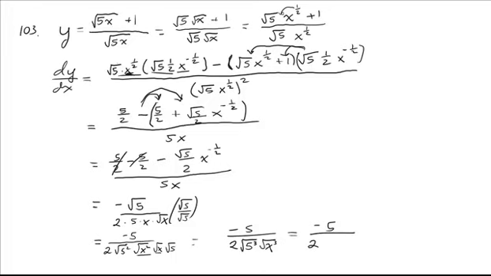So negative 5, 2 square root of 5x, that quantity cubed. So the reason our answer didn't initially look like this is because of the way I took the derivative, versus using the chain rule. But I wanted to show you that you could still get to the answer that was in the answer key on the worksheet.